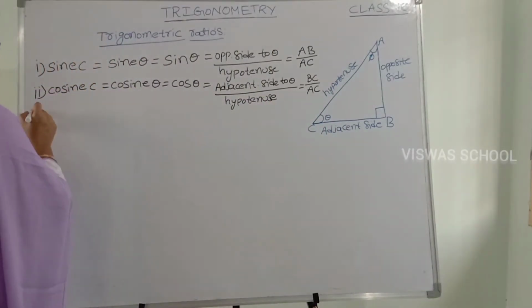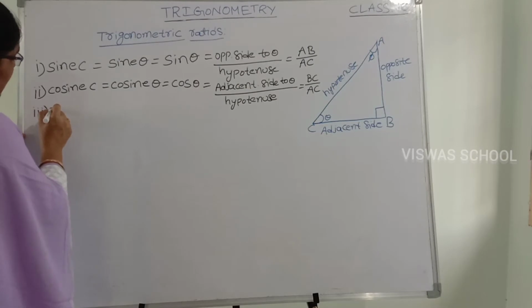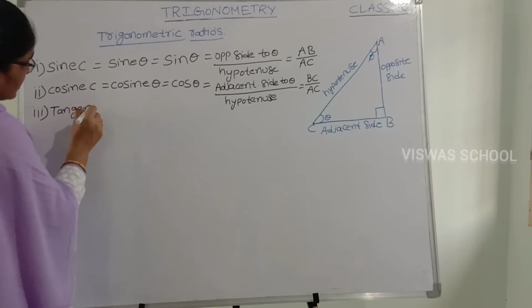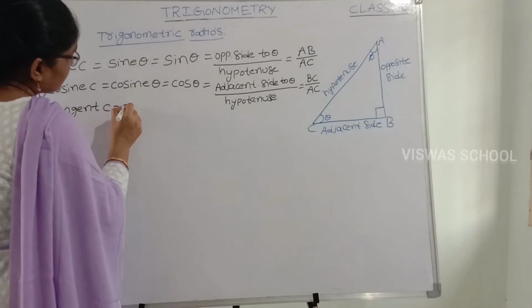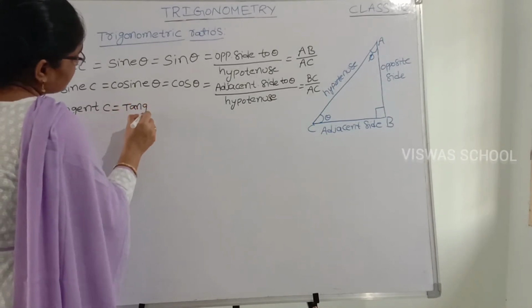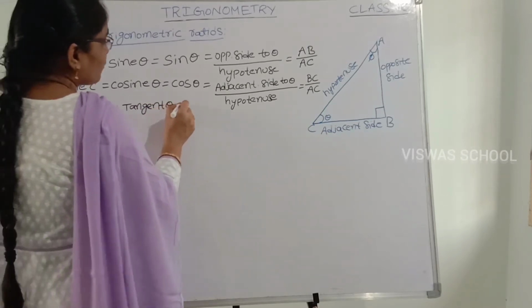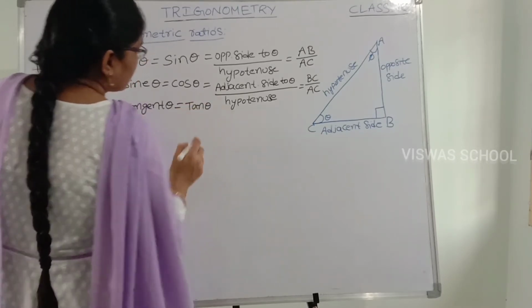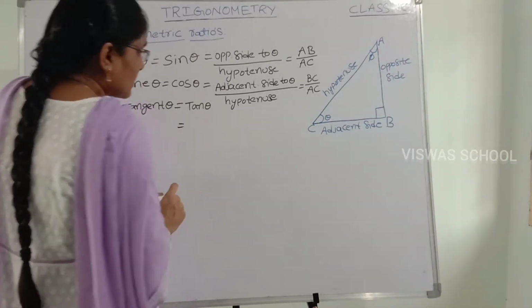Next one is tangent. The next trigonometric ratio is tangent C, that is, tangent in C place, tangent theta. The short form of tangent is tan, so tan theta. It is equal to what here?